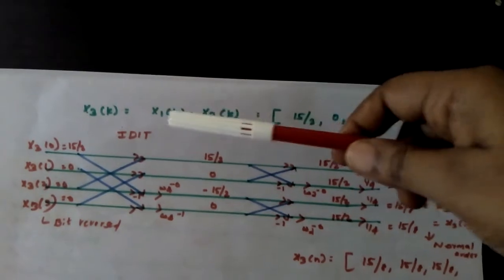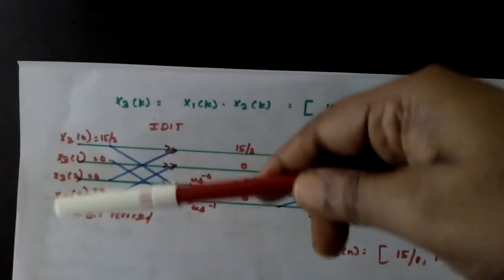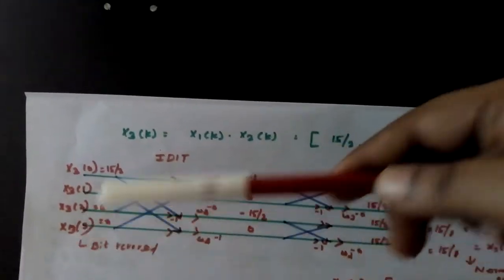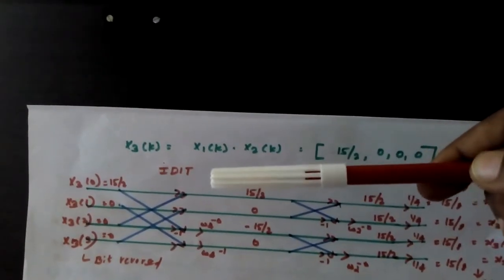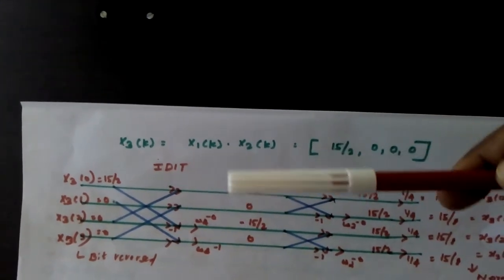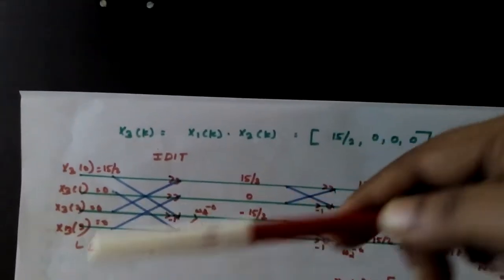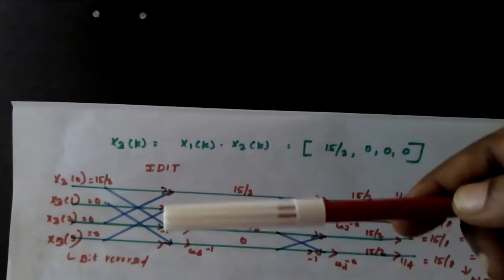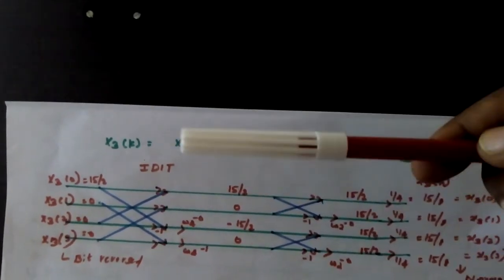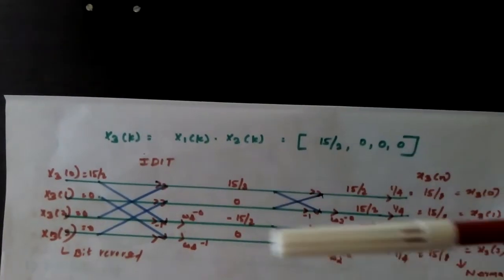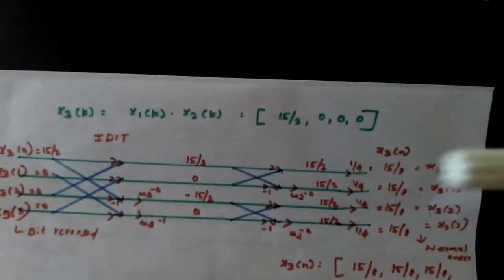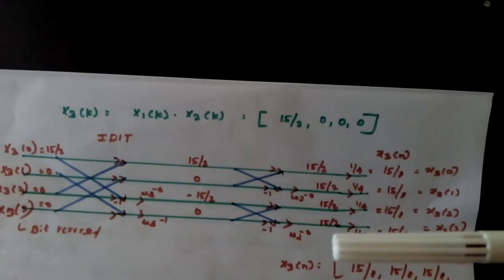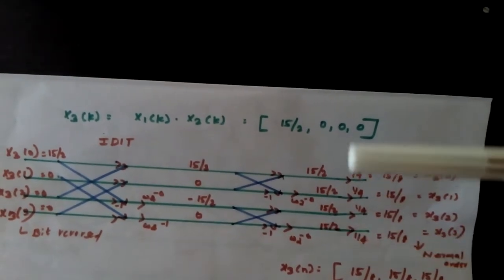So here we have multiplied both sequences X1 of k and X2 of k, and that will be the input here. I used an inverse DIT. If you want, you can use inverse DIF also. It is similar to your DIF: 4 point, then 2 point, but the twiddle factors will be negative, and since it is an inverse, after the final resultant value you have to divide by 1 by 4.